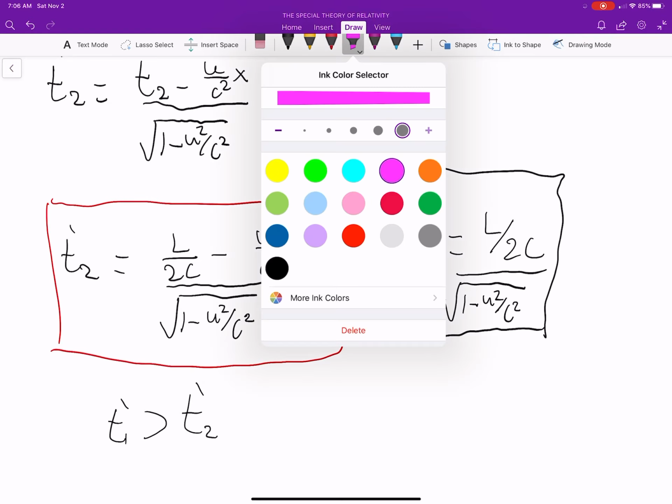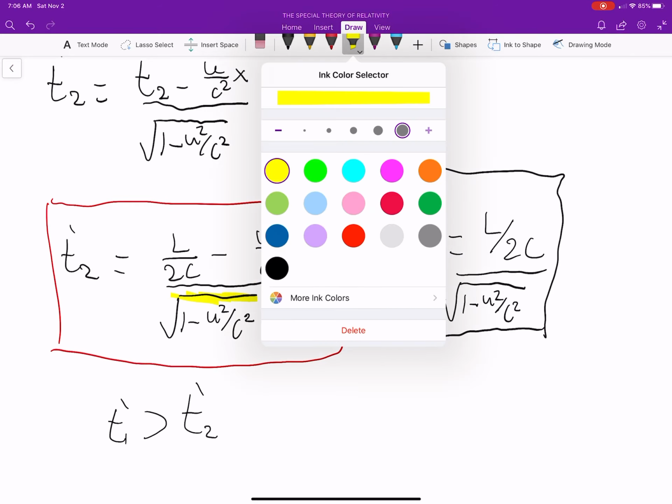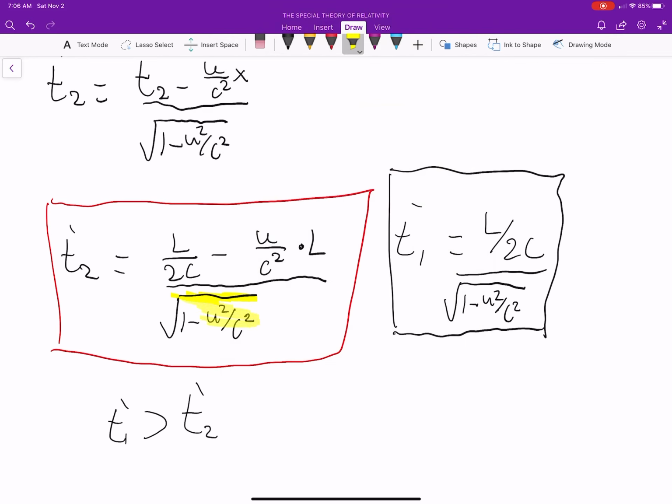Why is that? Well, let's start by saying they both have this. We're both dividing them by the same number, which is the square root of 1 minus u squared over c squared. That's the same for both of them. That doesn't change. The speed of light doesn't change, and u's just however fast our observer is moving. I'm not going to color it all in, but you get the idea.